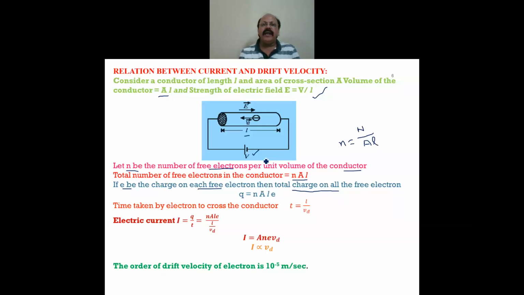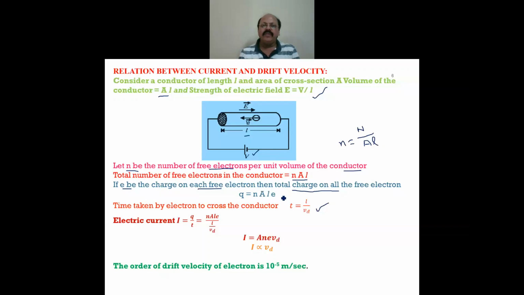Now find out the time taken by electron to cross the conductor. By simple formula, velocity equal to displacement upon time, then time equal to displacement upon velocity. Here the displacement for crossing the conductor is L and the velocity is Vd, then t equal to L upon Vd.